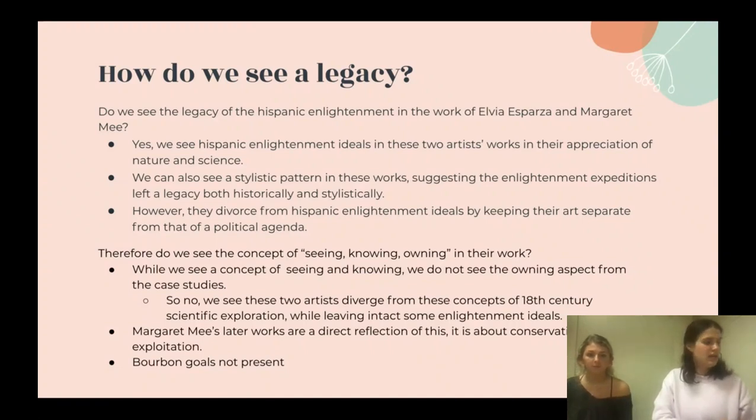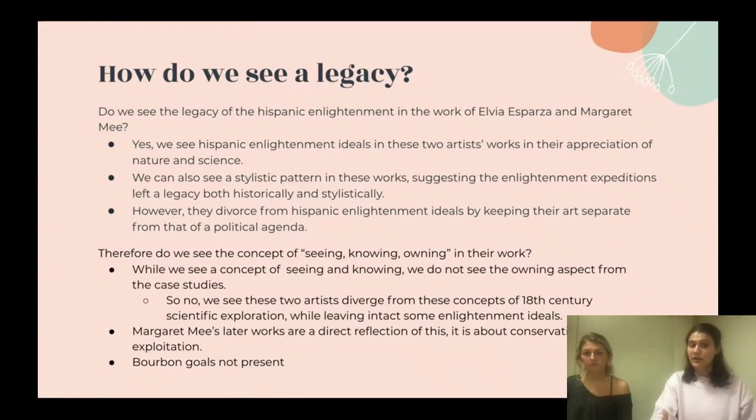So then again, we can sort of conclude with this concept of seeing, knowing, and owning, and whether or not we see these in these two artists and modern botanical art. So we do see the concept of seeing, knowing very much, and that obviously reflects on the Enlightenment ideals that have kept up in today's time. However, we do not see this owning aspect from the case studies, because these two artists are great representations of a divergence from these concepts of 18th century scientific exploration, while again leaving intact these Enlightenment ideals.